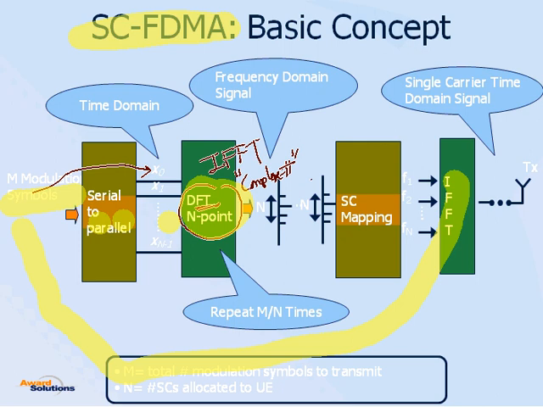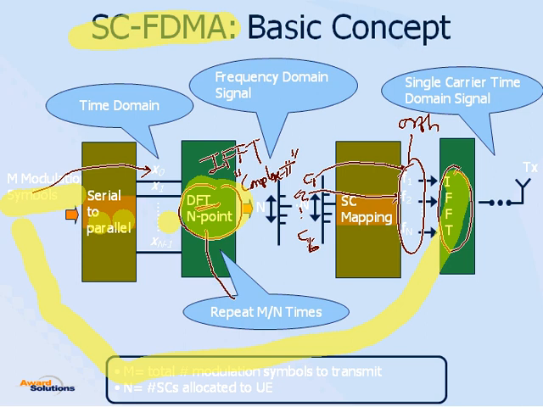Then let's say we call the complex numbers C1, C2, etc. We give one complex number to one subcarrier, another complex number to another subcarrier, and these are all orthogonal subcarriers. Then we do the IFFT. This is your regular IFFT. Now see what is happening. You are following this DFT by IFFT.